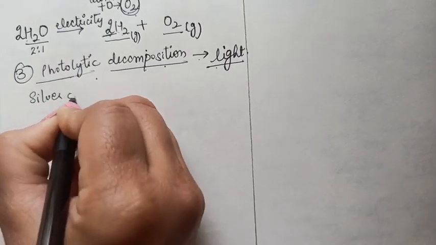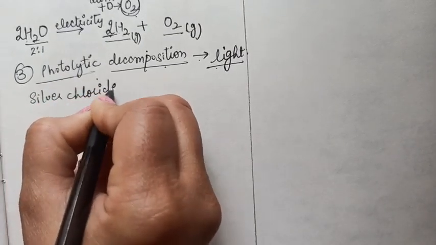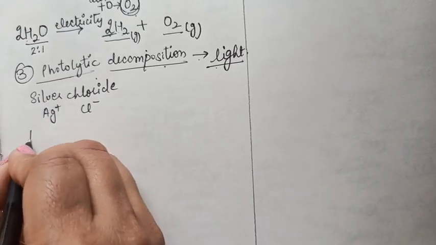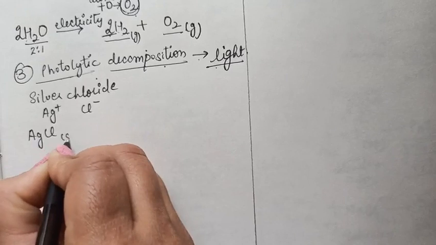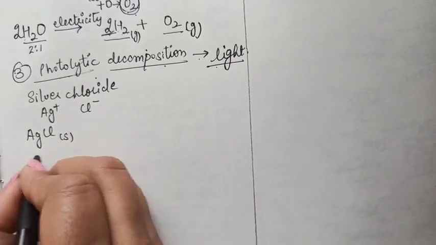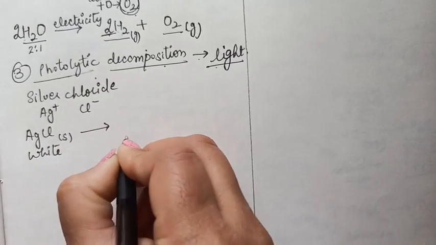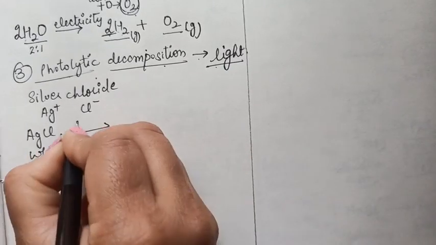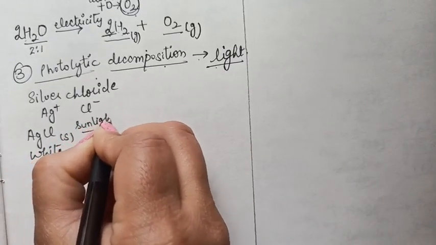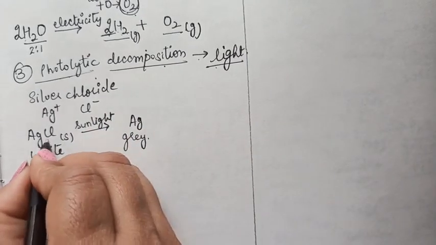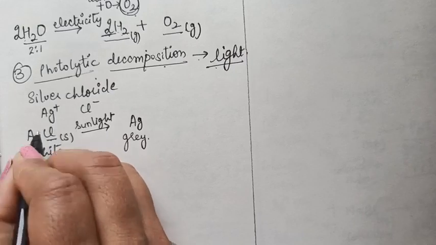Silver chloride, Ag+ and Cl-, it is AgCl solid because it is a white powder. It turns grey in the presence of sunlight due to the formation of silver, and Ag and Cl both get decomposed.